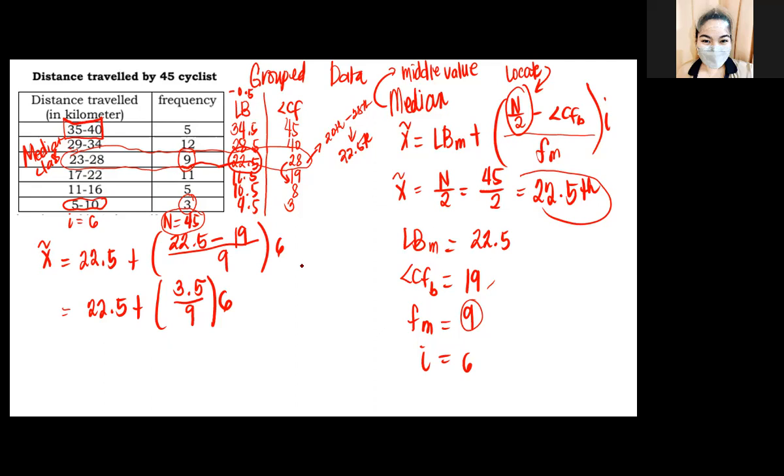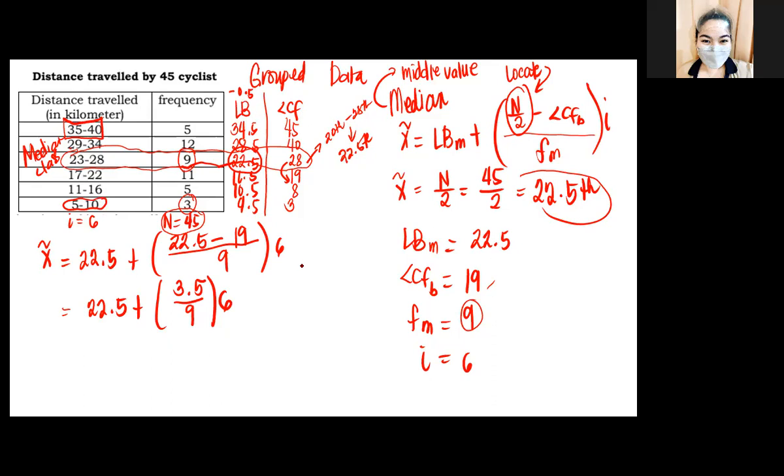So, ano yung magiging answer natin? Ano yung magiging answer kapag yung 0.38888 ay multiply natin sa 6? 2.333333.